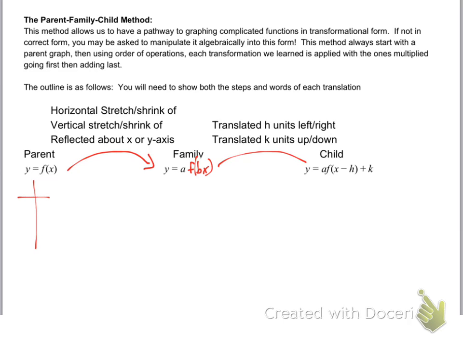This t-chart will lead us to this t-chart with the effects of A and B. A affects your y's only. B would affect only your x's. And once you've created this t-chart, you will not use the parent anymore. We go to the family one, and we use that one to find the child.